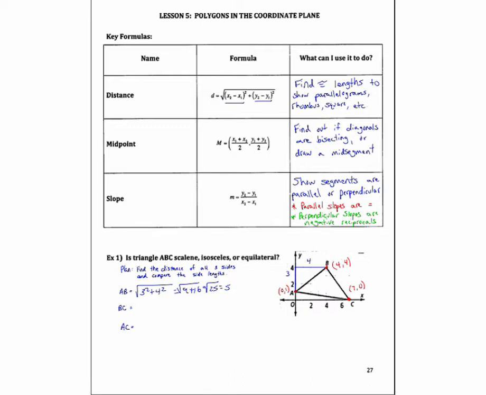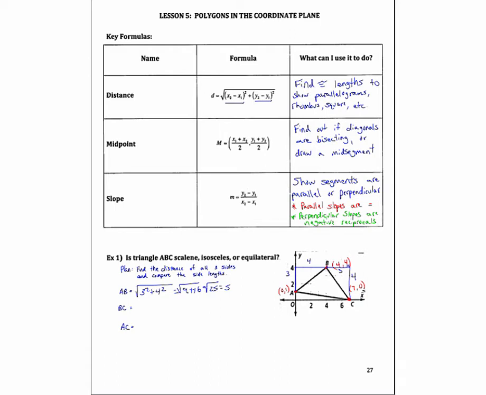So let's go back and let's find the distance of B to C. Again, I'm going to sketch over and down, and then I look at the numbers. If I'm going from 4 to 7, that's a distance of 3. If I'm going from 4 down to 0, that's a distance of 4.